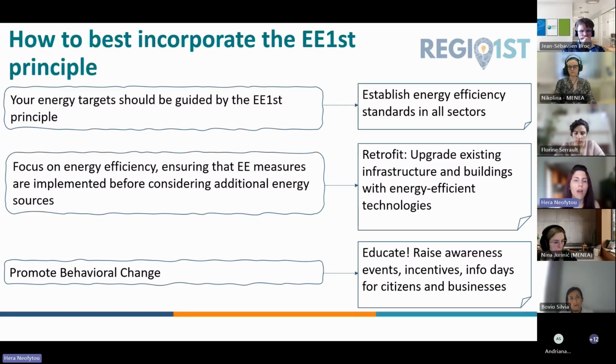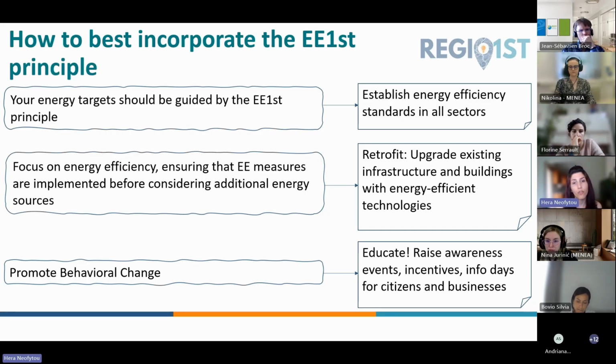Let's see now some indicative simple examples. In order for our targets to be guided by the energy efficiency first principle, we should establish energy efficiency standards for all the sectors and for all the categories.